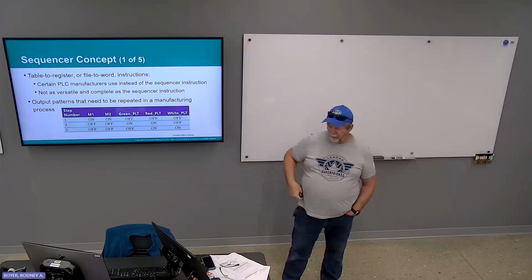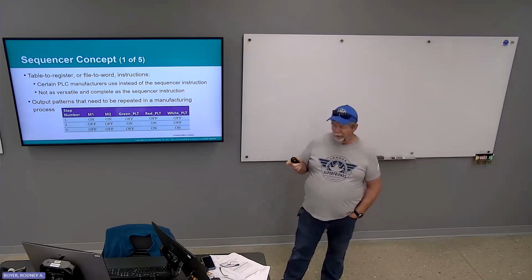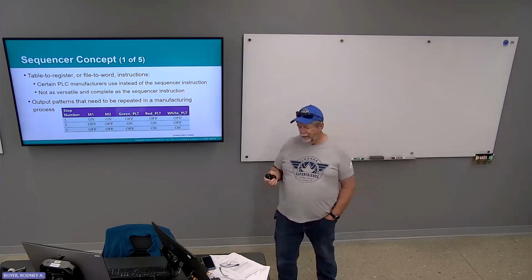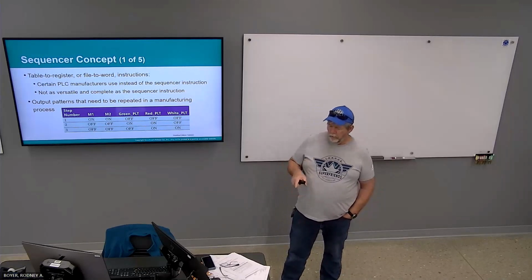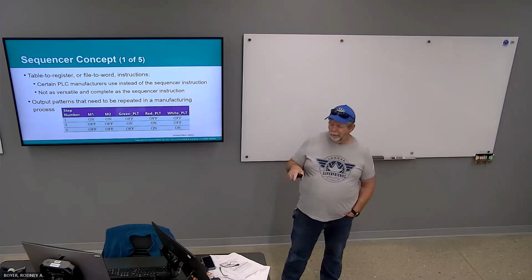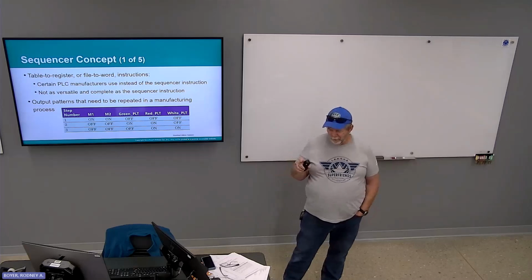So in this particular case, you have three steps listed: motor 1, motor 2, green pilot, red pilot, white pilot. Step 1, motor 1 and motor 2 are on, everything else is off. Step 2, motor 1 and motor 2 turn off, green pilot and red pilot turn on, white stays off.